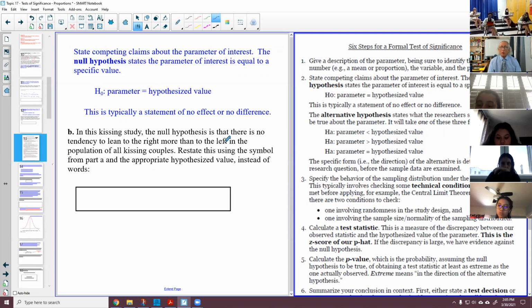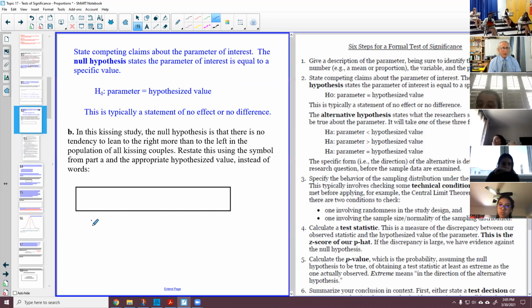Okay, so I'm going to say that the null hypothesis, which we write H sub 0, that hypothesis is that pi, the population parameter, is equal to 0.50.